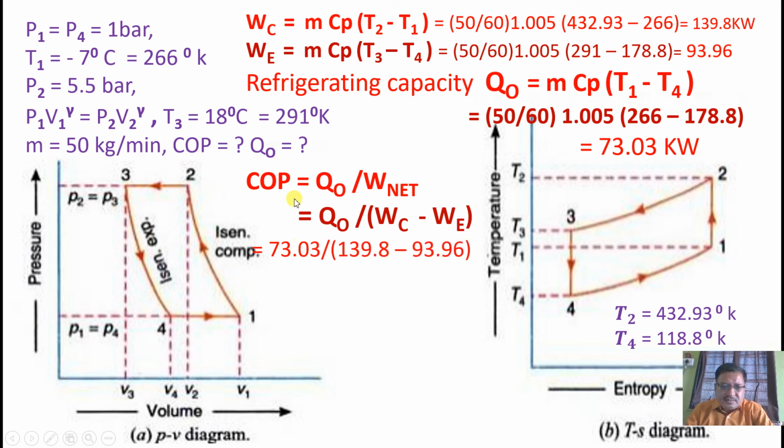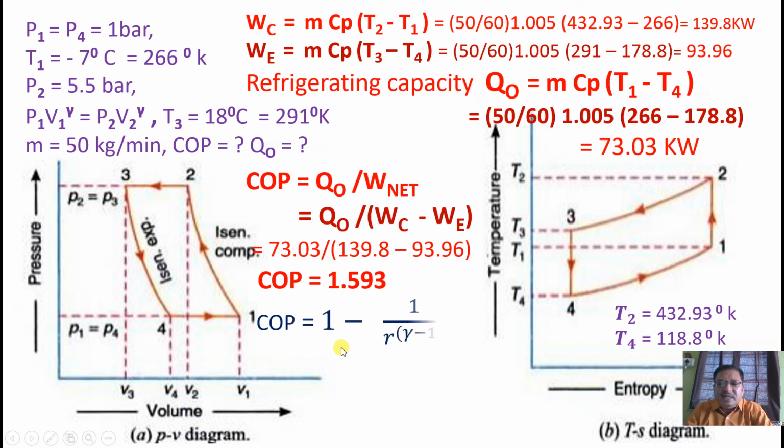This Q0 we have found out as 73.03 kilowatt, the work of compression WC is 139.8, and the work of expansion WE is 93.96, of course in kilowatt. From this we get the value of COP as 1.593.